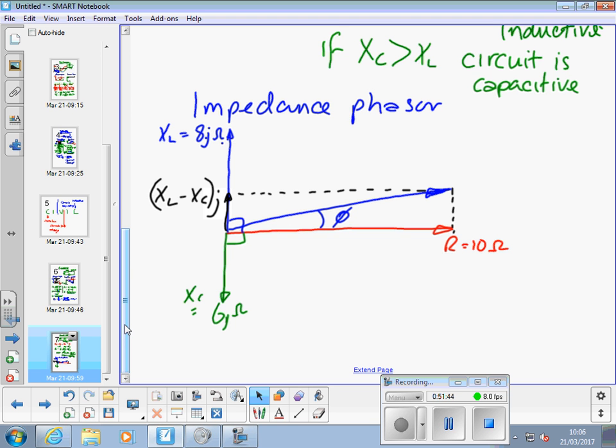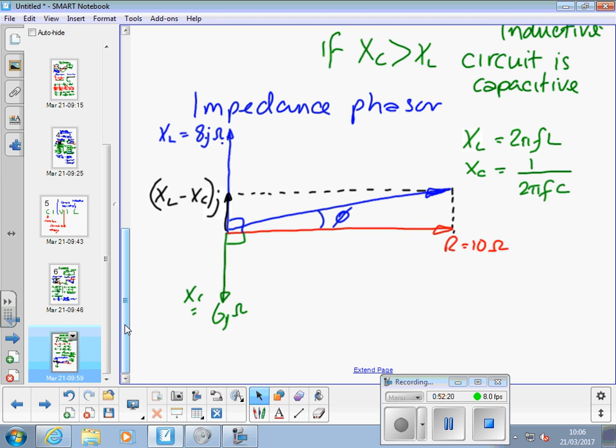It could end up going down below the resistance and the circuit becoming overall capacitive through change of frequency, because XL is equal to 2 pi FL and XC is equal to 1 over 2 pi FC. When one goes up with frequency, the other will go down and vice versa. We talked about that a little bit when we talked the theory of filters and things.